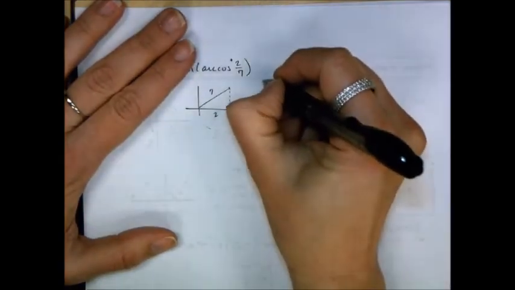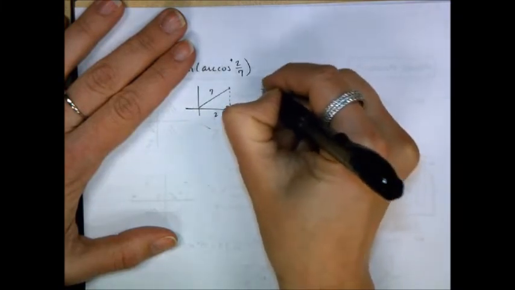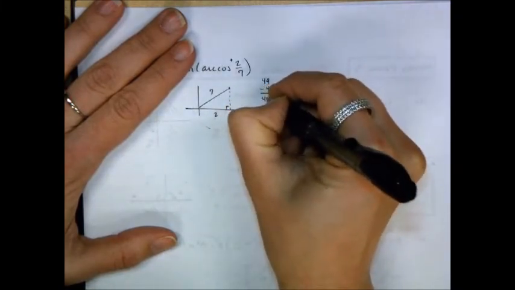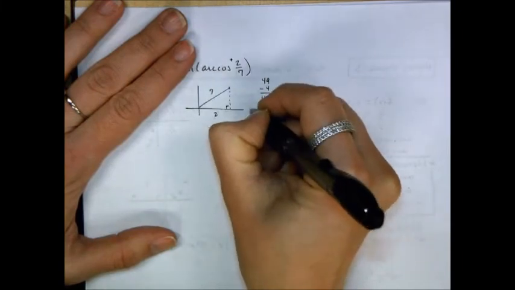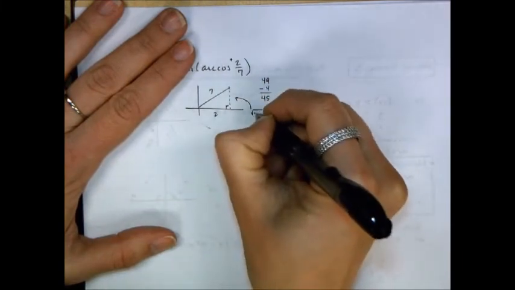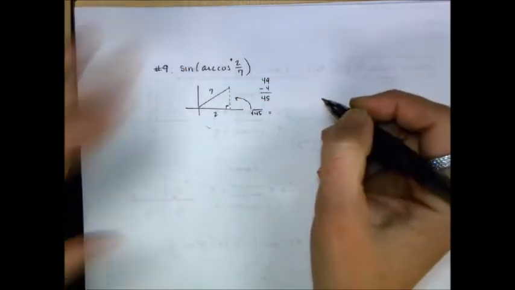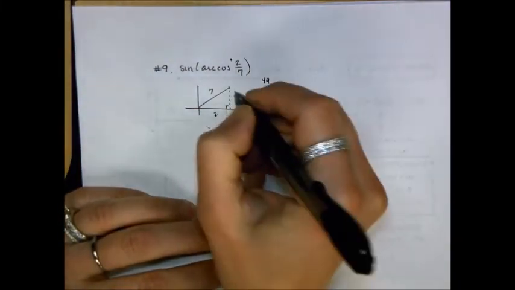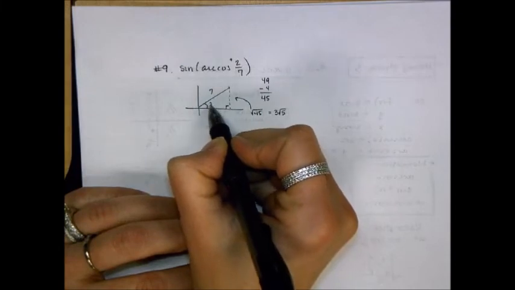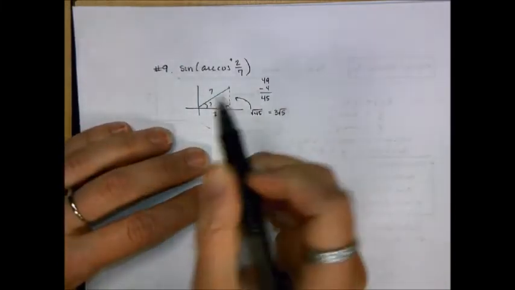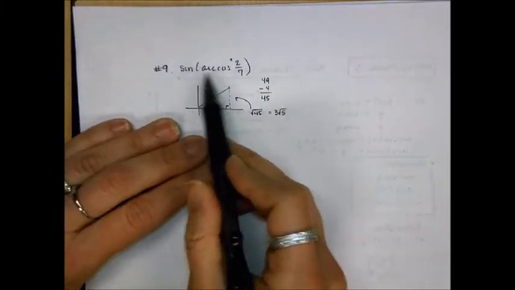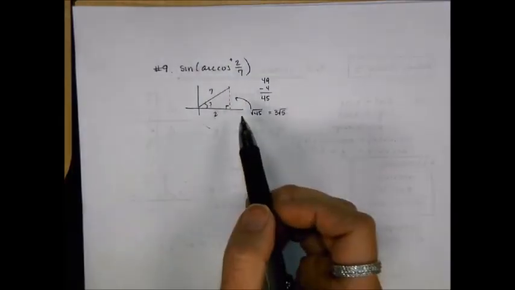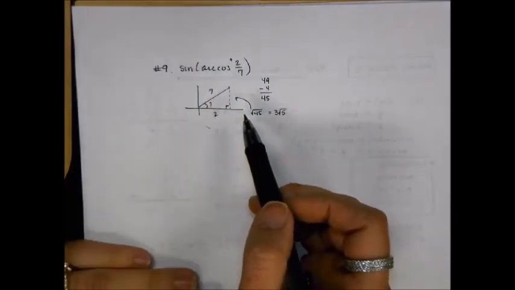So we end up with the square root of 45, or 3 root 5. So that doesn't tell us what this angle is unless we had a calculator and we could evaluate inverse cosine of 2/7. So we're trying to evaluate this problem without it. If all I had were this question inside here, then I would want to know what this angle is.